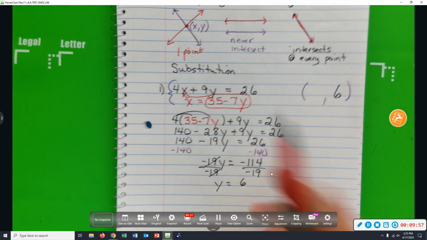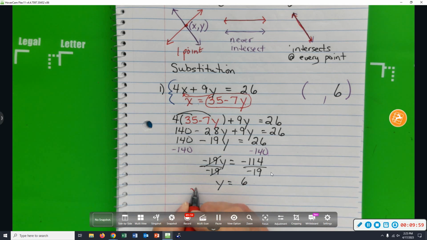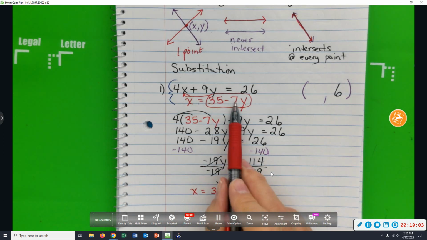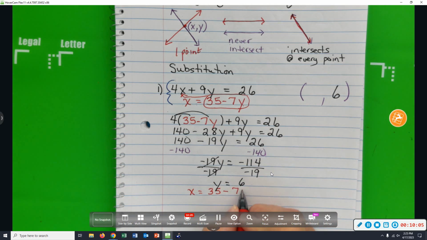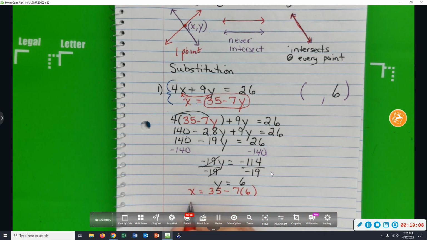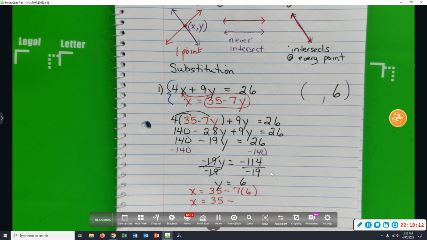into the y. Okay, so we have x equals 35 minus 7 times 6. So that's 7 times 6, I'm going to replace with 42. 35 minus 42 is negative 7.